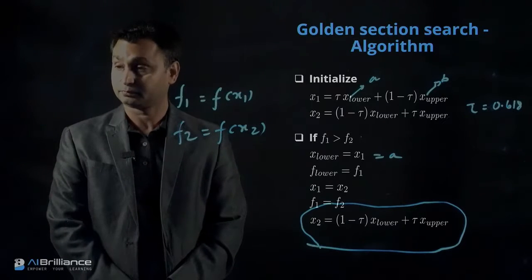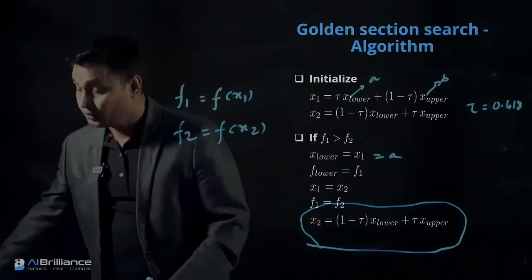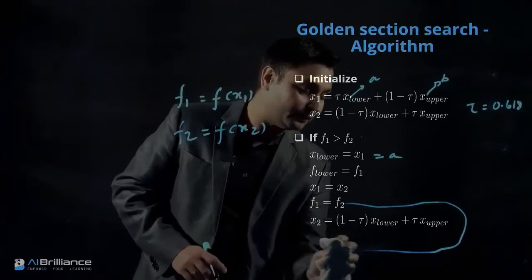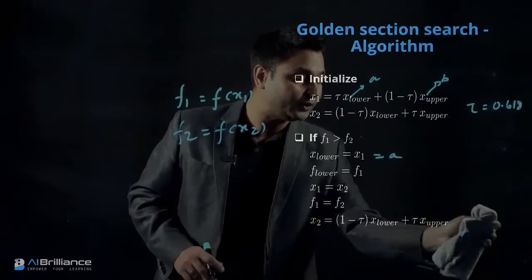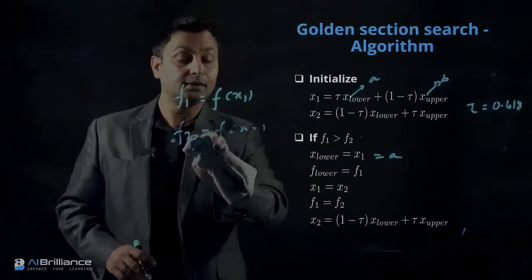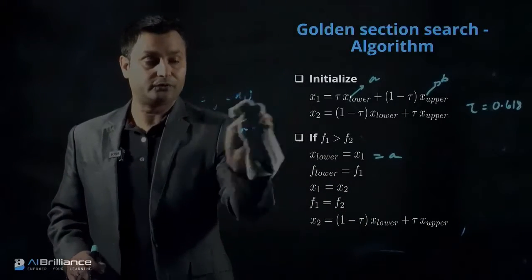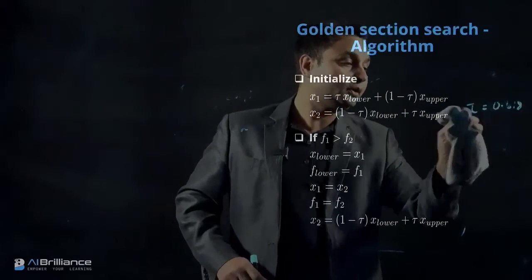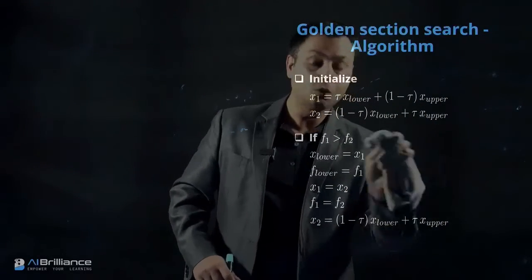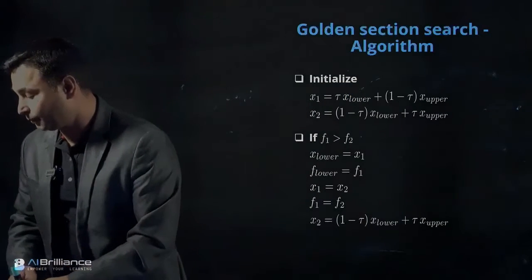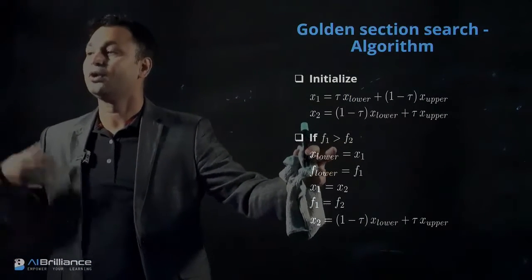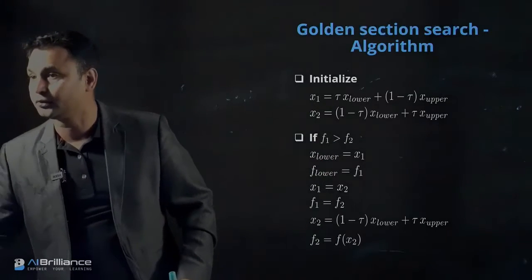Okay. Now similarly, if this is not the case, then obviously you will have the other case, where the f2 value is greater than the f1 value. In that case your algorithm will do different steps. If the condition is not satisfied, you will automatically default into case 2.